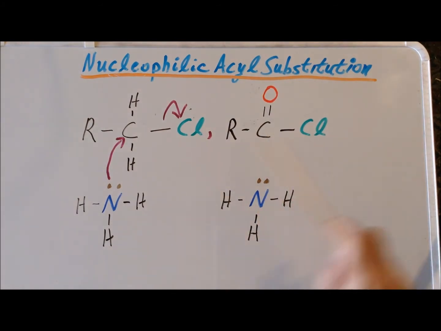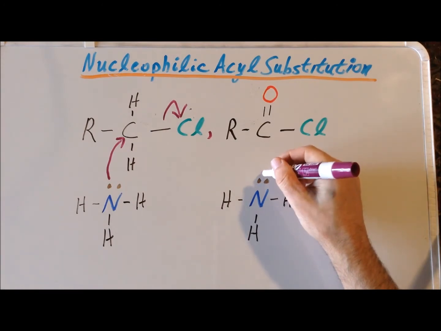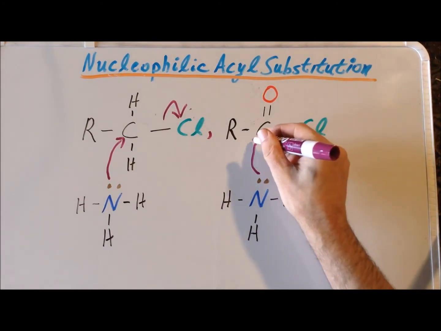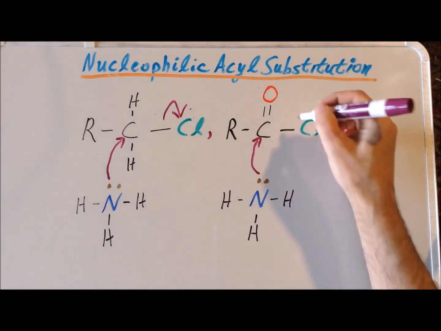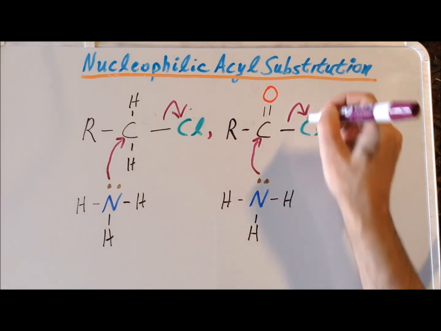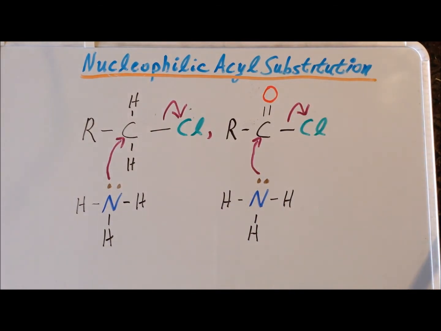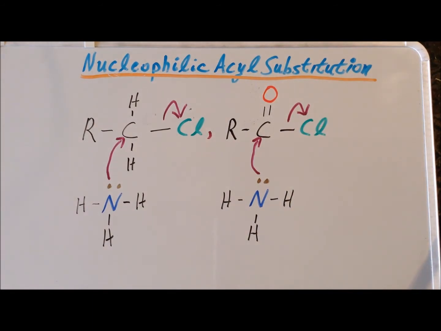Next, the acid chloride on the right hand side undergoes a nucleophilic attack, and we have flow of electrons from the lone pair of the nucleophile attacking the electron deficient carbon. We also have the beginning of bond breaking between the carbon and the chlorine, and it's going to be heterolytic so that the chlorine leaves with the pair of electrons as chloride.